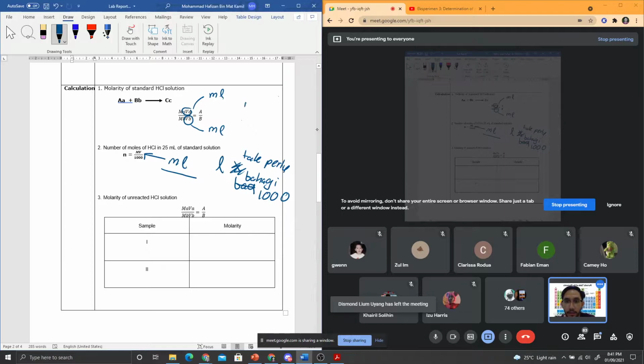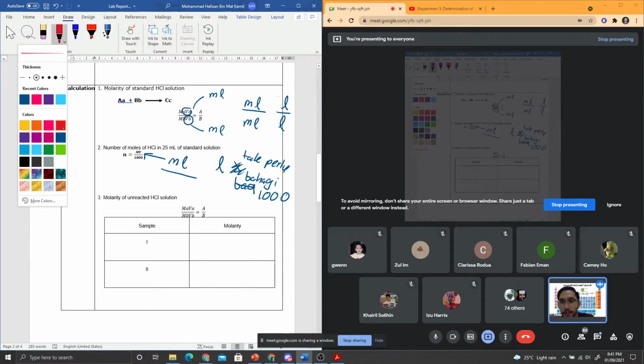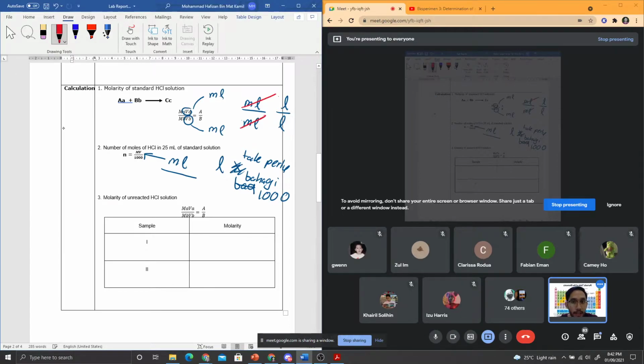You tengok milliliter over milliliter or liter per liter, the unit does not matter, sebab you boleh cancel out. Sebab dia bahagi kan. So kalau tak tukar pun tak apalah, sebab it avoids you from having a careless mistake.